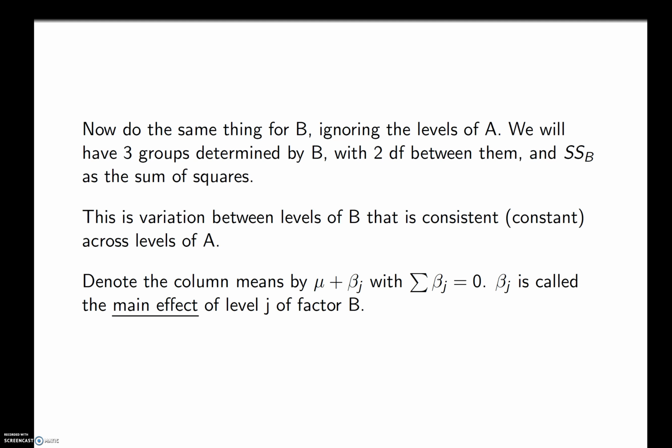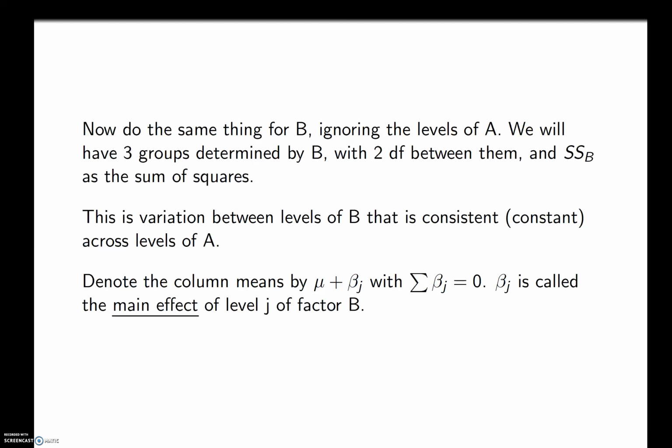So if we do the same thing for B, hence ignoring the levels of A, we could have 3 groups determined by B with 2 degrees of freedom between them, and those would sum to the sum of squares for B, provided they're orthogonal. This gives us a sense of the variation between the levels of B that's constant across A. So ways that the responses vary across B, that doesn't matter what level of A you're at.